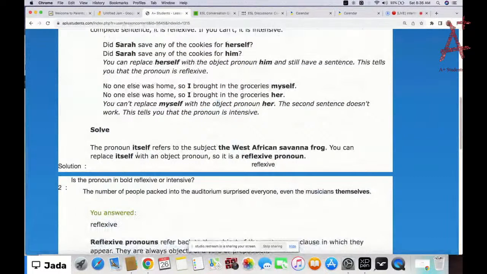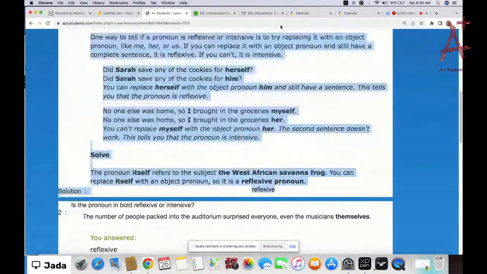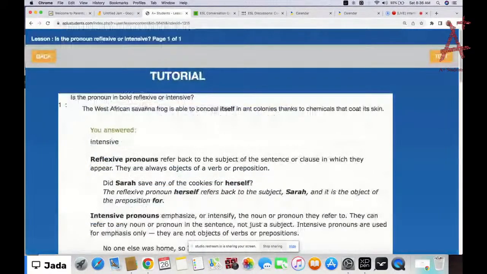You can replace itself with an object pronoun, so it is a reflexive pronoun. So let's try to replace it. The savanna frog is able to conceal what? What object pronoun can we replace with itself that would work?